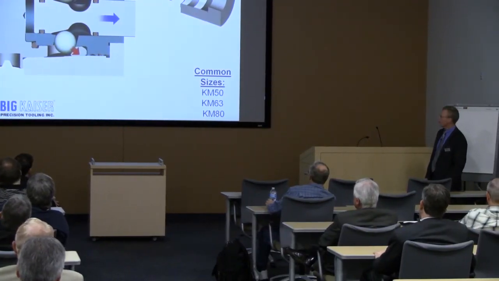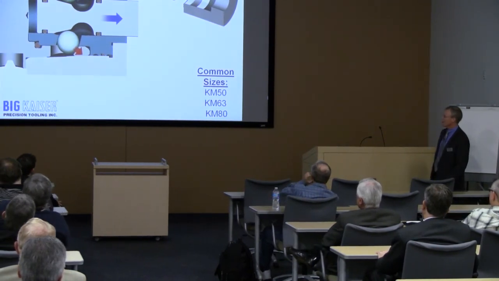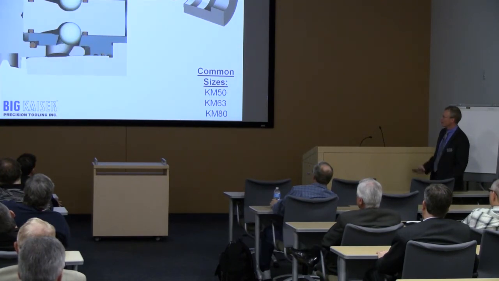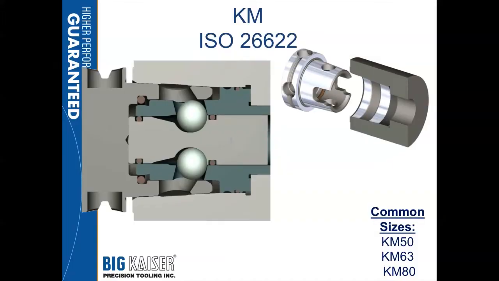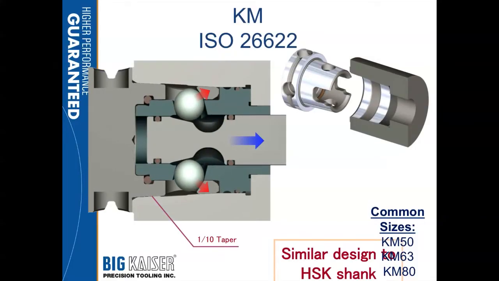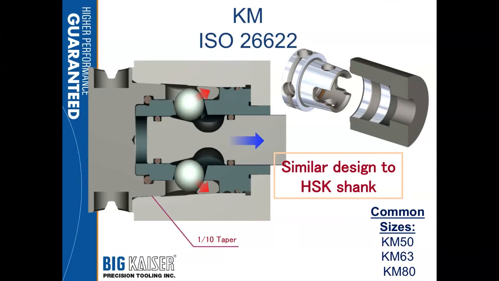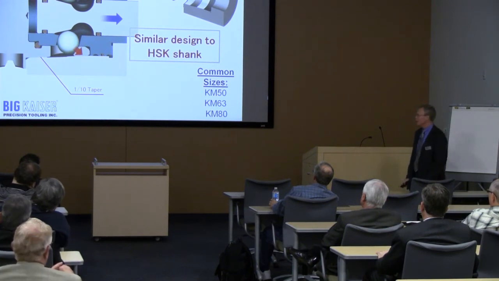So it's a little bit more complex in that you don't have a clamping system running inside to clamp the tool like you do HSK. Otherwise, it's similar dimensions. This wall section is nearly the same as an HSK. One in 10 taper. So don't confuse with HSK between wood.